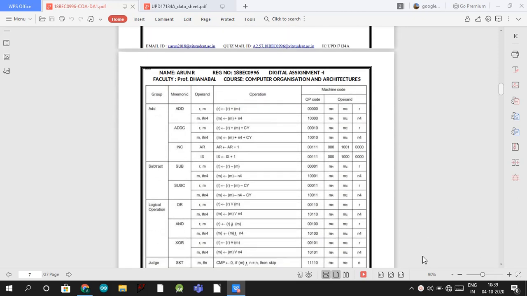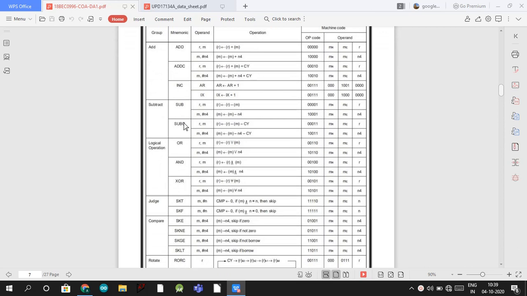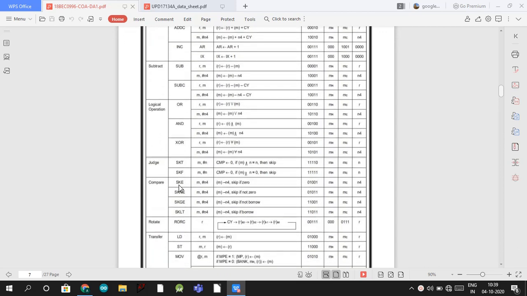For add, there are mnemonics such as add and increment. For subtract, there is subtract with carry. For logical operations, there are OR, AND and XOR. For judgment, there are skip instructions such as SKT and SKF. For compare operations, there are SKE, skip if 0, skip if not 0, and skip if not borrow.